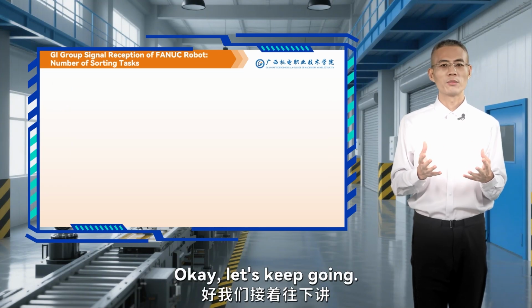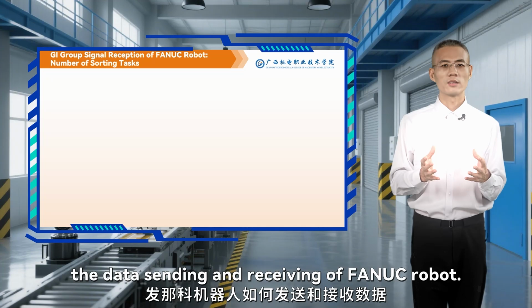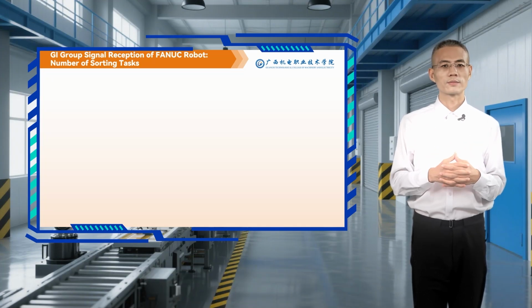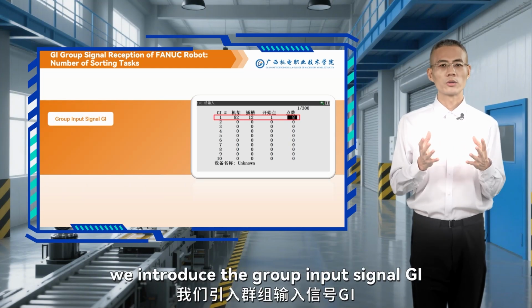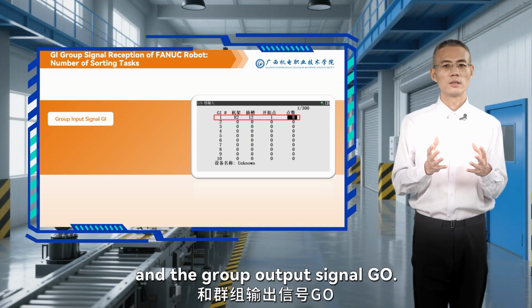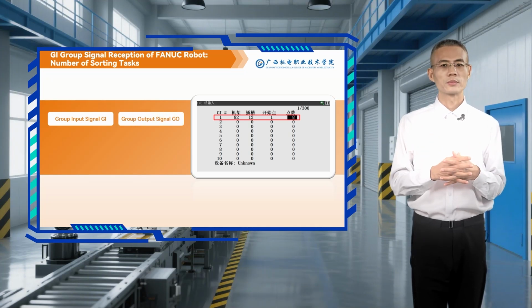Okay, let's keep going. First, let's implement the first step, the data sending and receiving of the FANUC robot. Here, we introduce the group input signal GI and the group output signal GO.